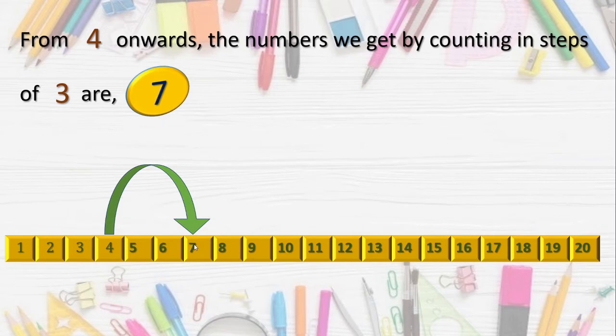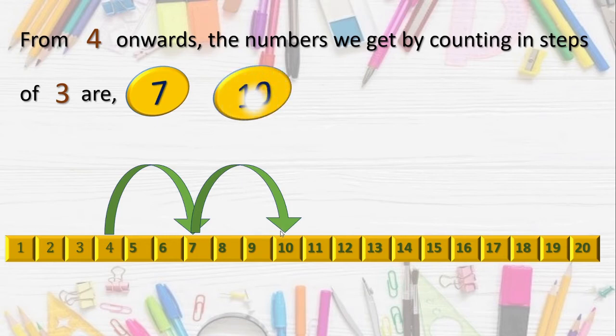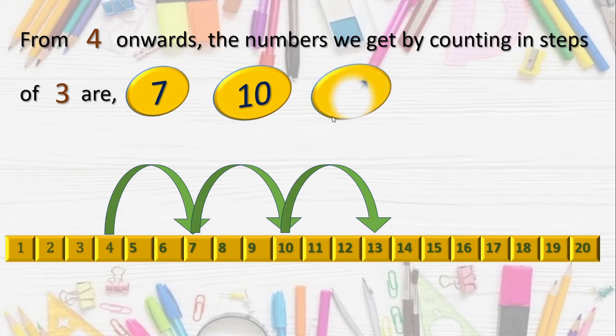Okay. Then from 7 to which number? Come on, tell me. 8, 9, 10. Isn't it? So the next number is 10 because we are counting in steps of 3. Right? First we will write 10 here. Then from 10 to 13. We'll write 13 here.